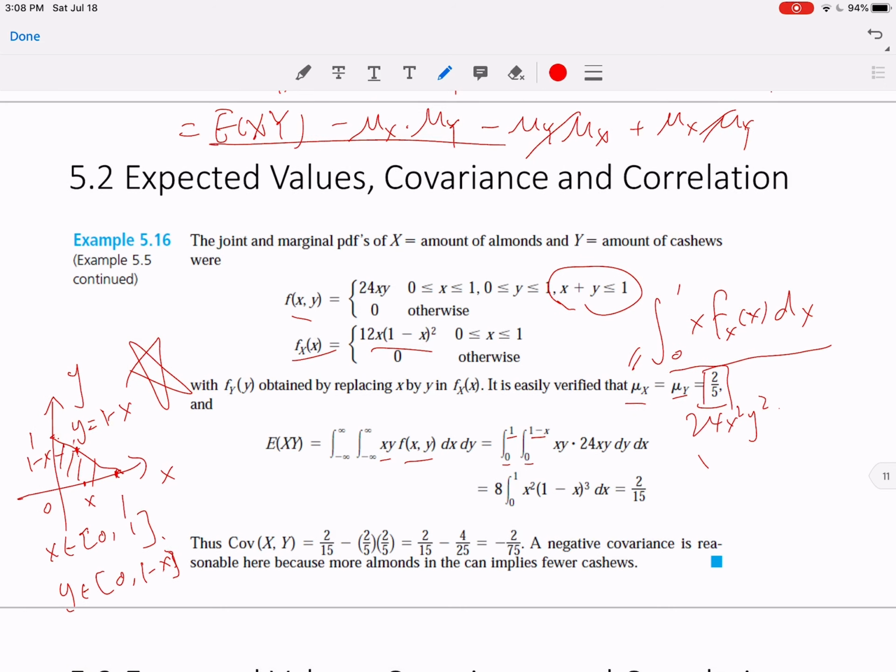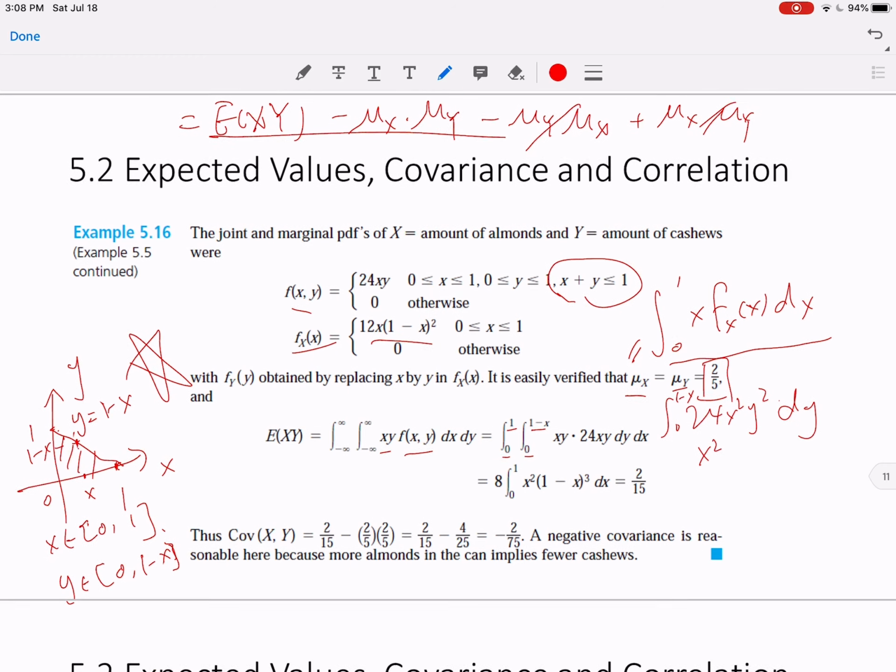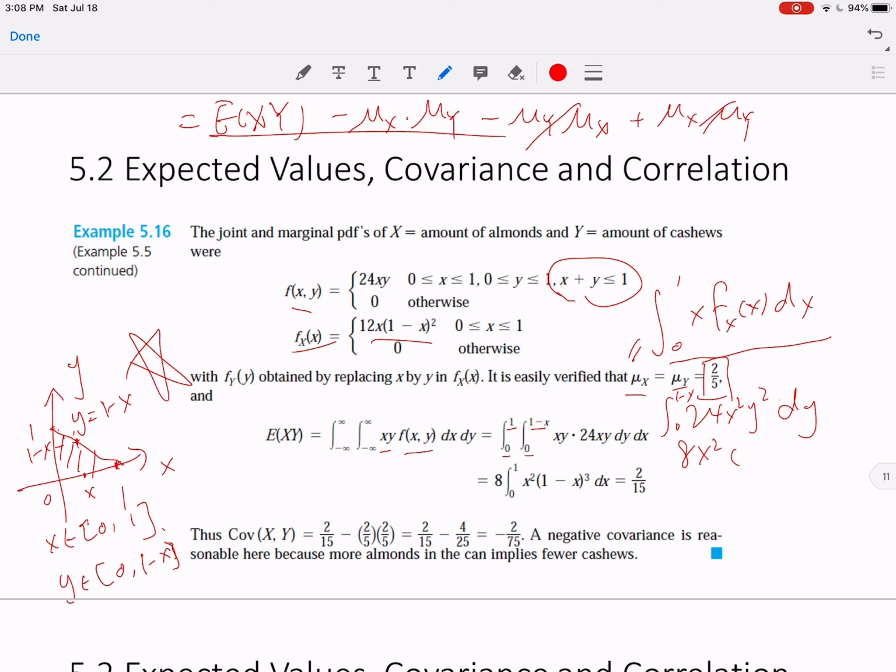That would be x squared, from 0 to 1 minus x, dy. So we're going to have 8x squared times y cubed from 0 to 1 minus x, and we plug both the upper and lower bound back in for y. We get 8x squared times (1 minus x) cubed, and that's what we have inside here.